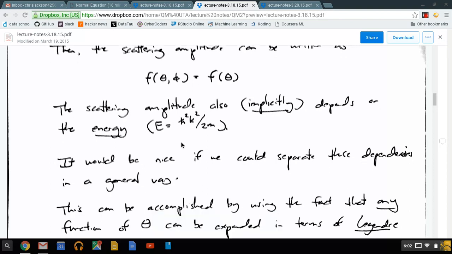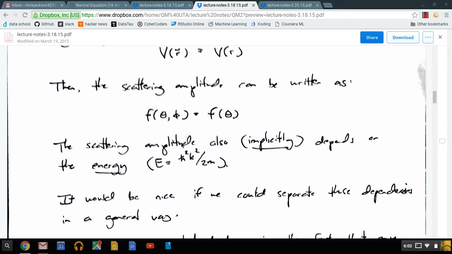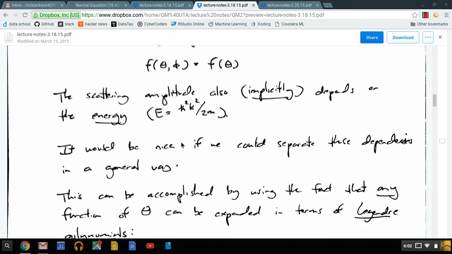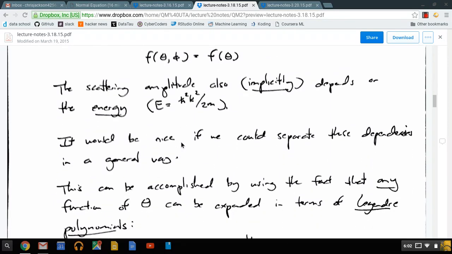So we have this scattering amplitude, which is our fundamental quantity, and it depends on two quantities in some non-trivial way. What you try to do in this partial wave approach is to split those dependencies into separate factors.